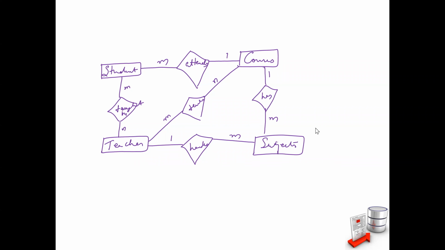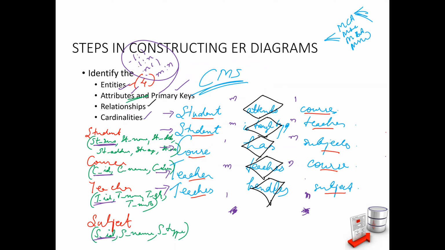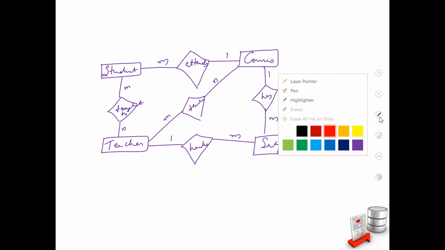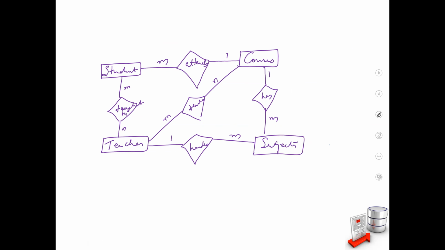Now is a very important thing, the attributes. How do you denote attributes? Look here, I do have student, roll number, name, date of birth, address, age, and phone number. So all this needs to be denoted in your ER diagram. So let us do that. Now, attributes, you will denote it by ovals.